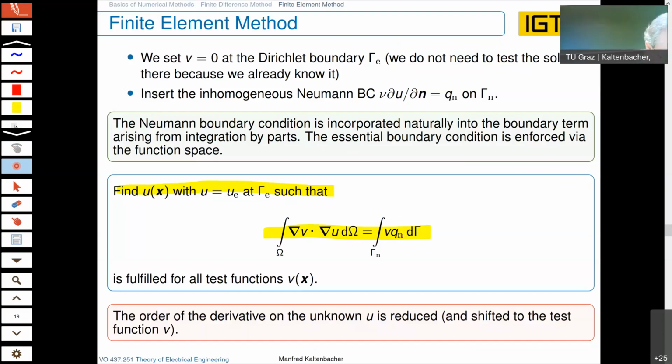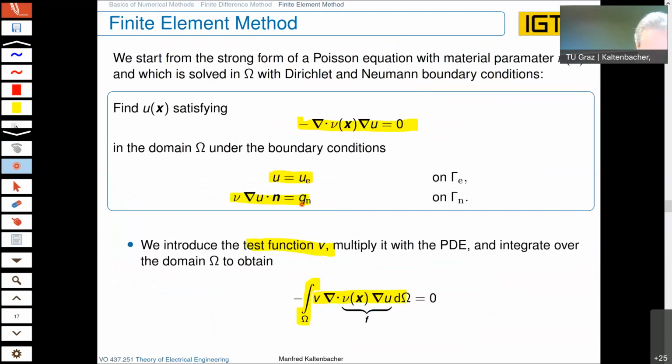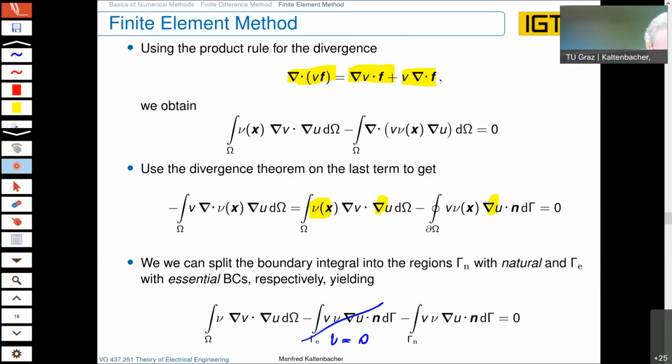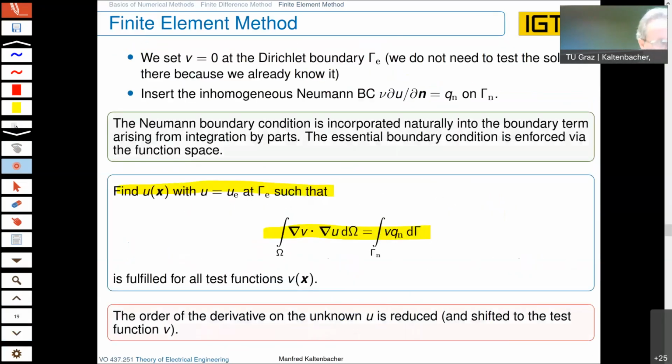So I just go back, that was this Qn. Okay, so you nicely see a Neumann boundary condition you can incorporate in this weak formulation. The Dirichlet you have in addition to enforce on your solution, but it is something we know. It is why we set the test function equal to 0.